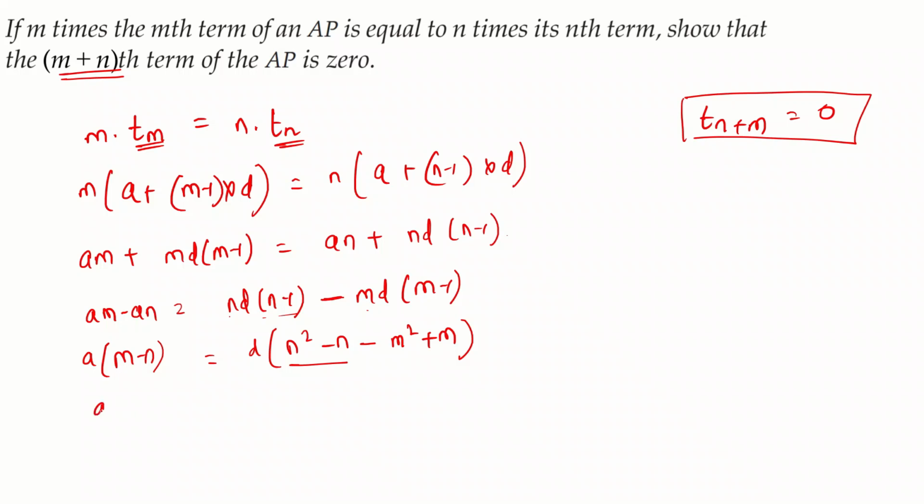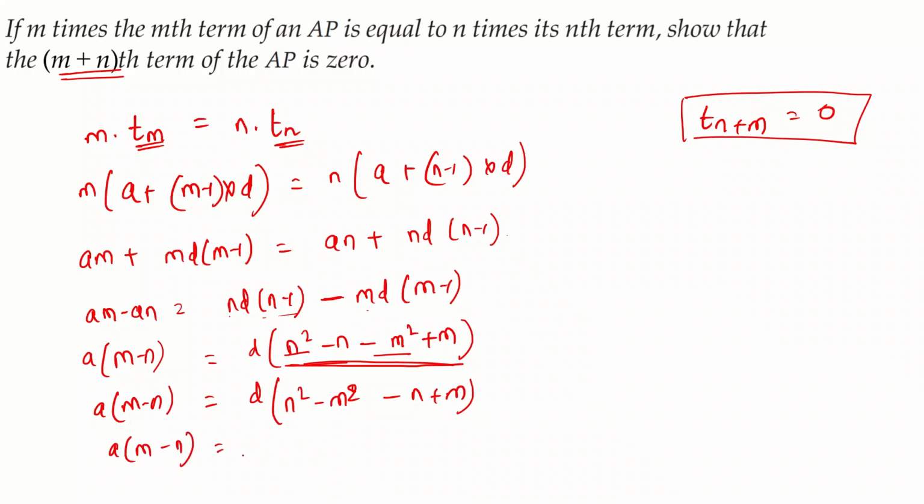Okay, so a times m minus n is equal to d times, now I'll factorize this entire thing. So n square minus m square I bring together, and minus n plus m together. So this remains as it is. A times m minus n is equal to d times n square minus m square. I can apply the formula n plus m into n minus m, and in here I take minus common, so I get n minus m.